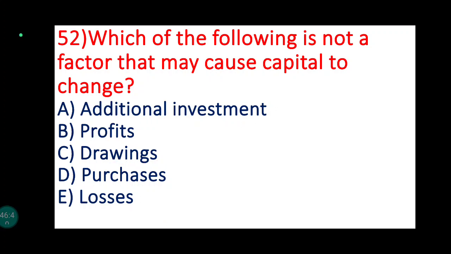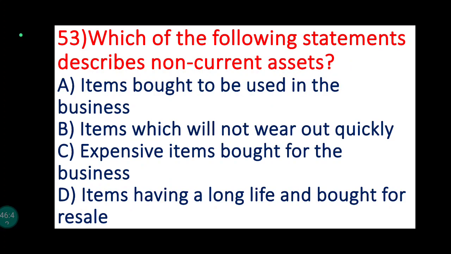Okay, so the answer is purchases. 53. Which of the following statements describes non-current asset? Non-current assets. So items having a long life and which are bought for use, not for resale, are known as non-current assets, such as machinery, furniture.